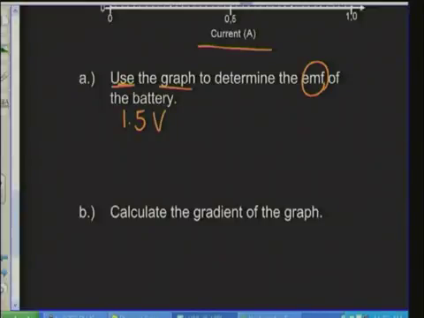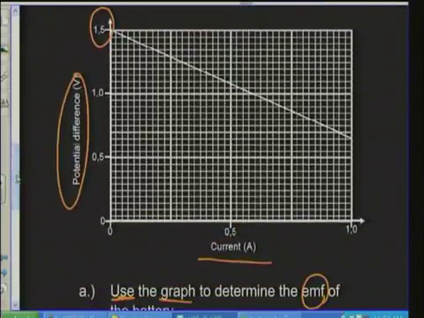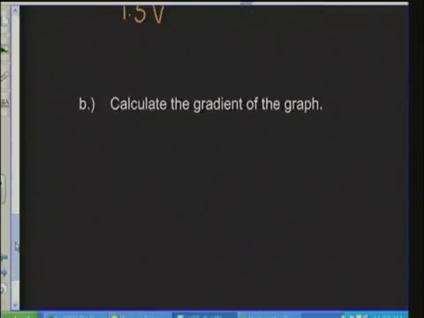Now calculate the gradient of the graph. If you look at this graph here, the best way we can work on it is to take the beginning point and the end point as well. If we take these two points, we should be able to find the gradient.